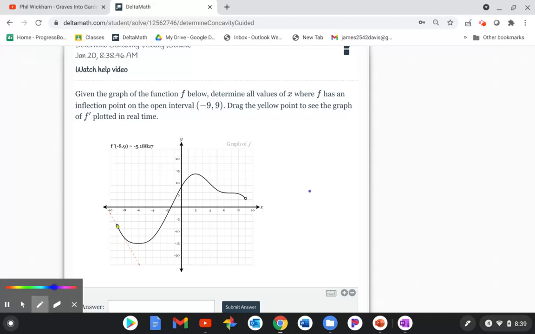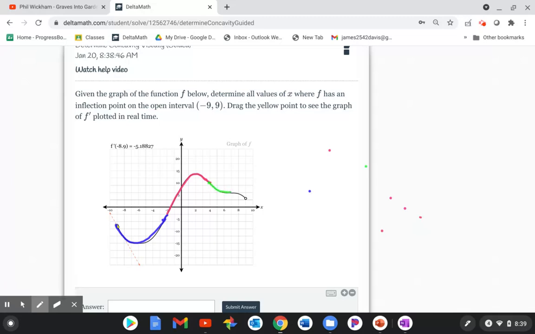So it's definitely concave up from here, right? This is all concave up. It's going to switch at some point in this little area to concave down. Then it's a little hard to tell here, but it looks to me like it briefly changes to concave up here at some point, and we'll find out with the first derivative.